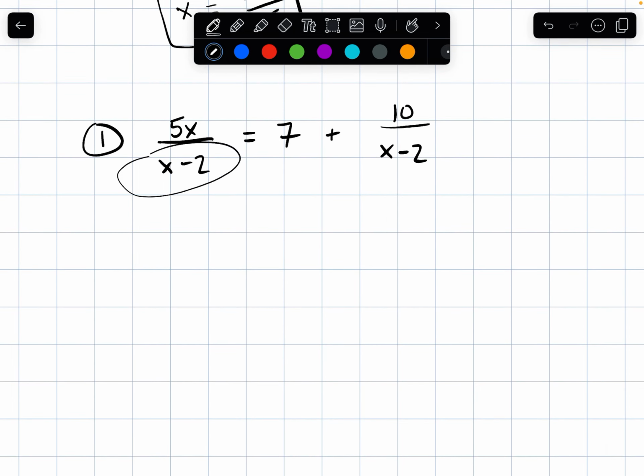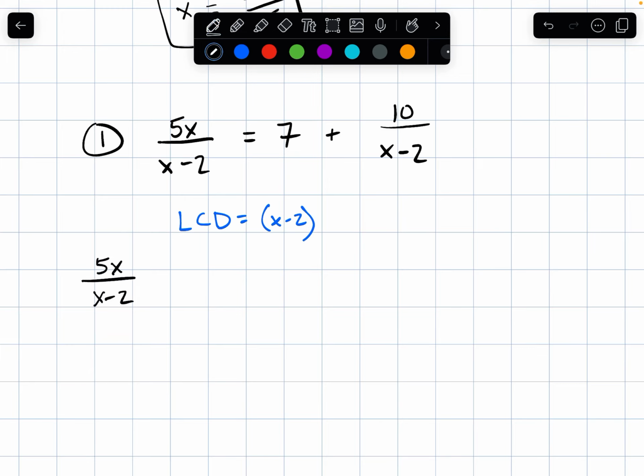All right. Now, obviously, that was a little bit easier because now we have some variables in the denominator. And luckily, in this case, we can see that they're both x minus 2. This one is just a denominator of 1, and anything times 1 is itself. So I know the LCD is just x minus 2, but that means I'm going to have to multiply every single term by x minus 2.